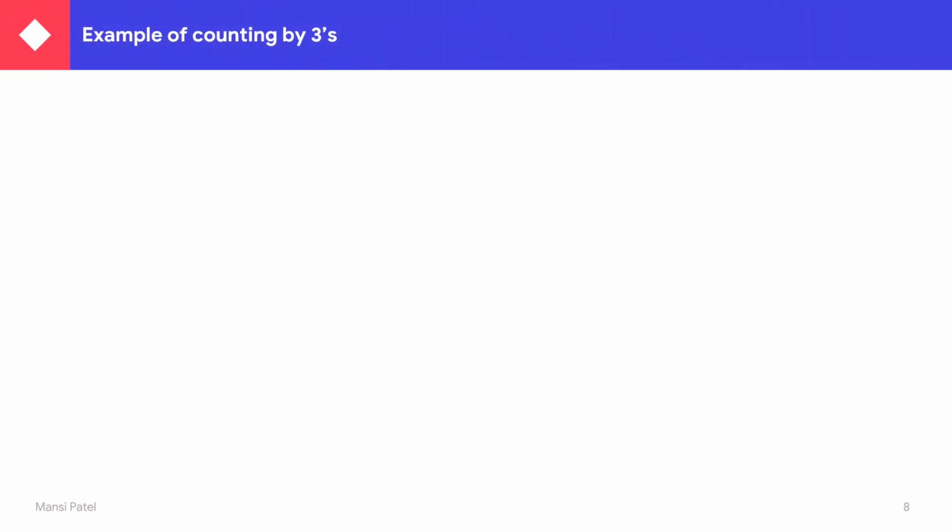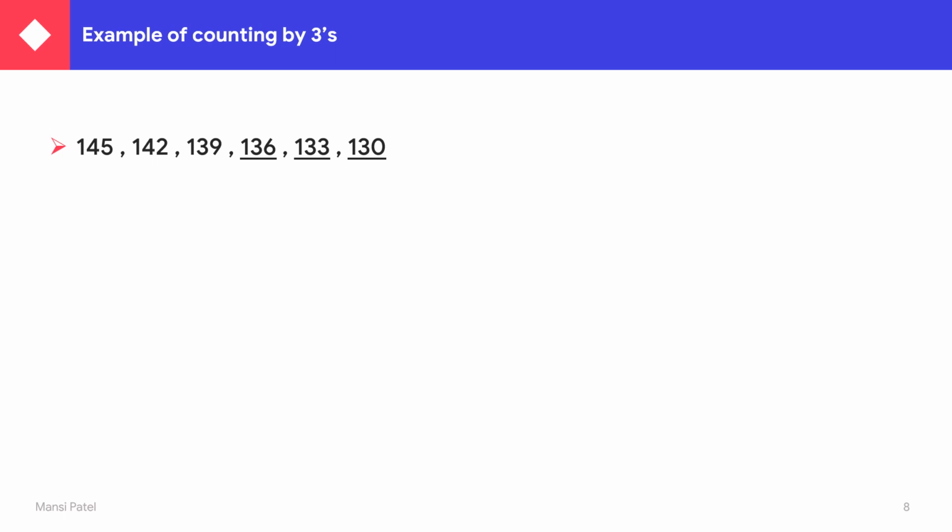Let us see counting by threes backward with the help of one example. Here is one sequence for you: 145, 142, 139. This is a backward sequence. And how much do we subtract? 3.